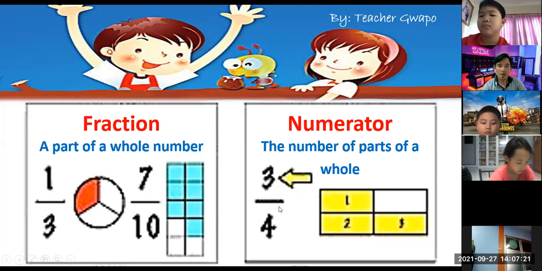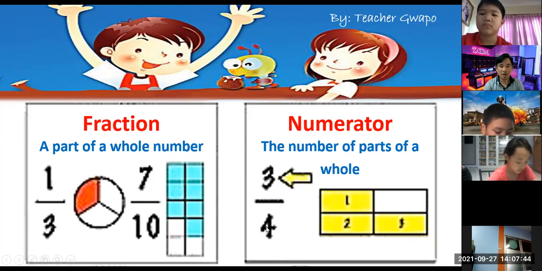Here, why is it 3/4? Because you can see the number 3 here is the numerator, the number of parts of a whole. See here, 1, 2, 3. So we have here 3. Why is it 4? Because there are 4 parts: 1, 2, 3, 4.